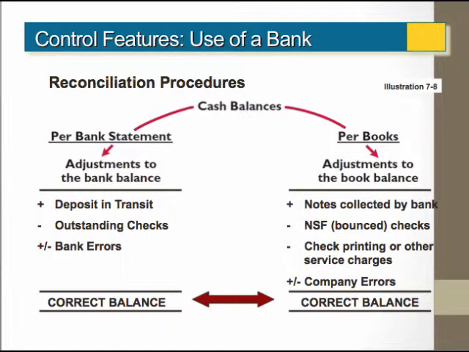If we compare the adjusted bank balance and the adjusted book balance, these two numbers should be equal. Once we've figured out that these two numbers are equal, we know that we have reconciled our bank account. Once we've reconciled our bank account, then we need to make adjusting journal entries for all the adjusting items on the balance per book side.